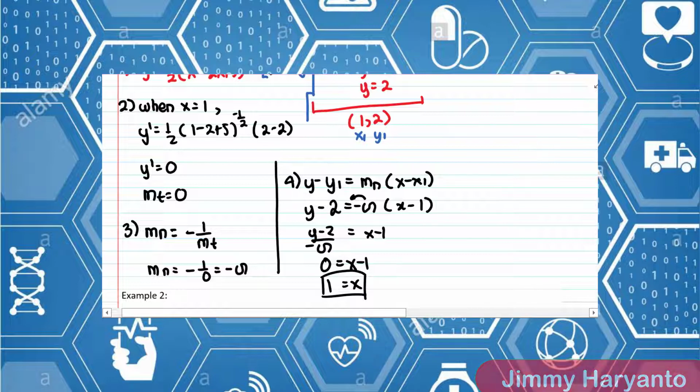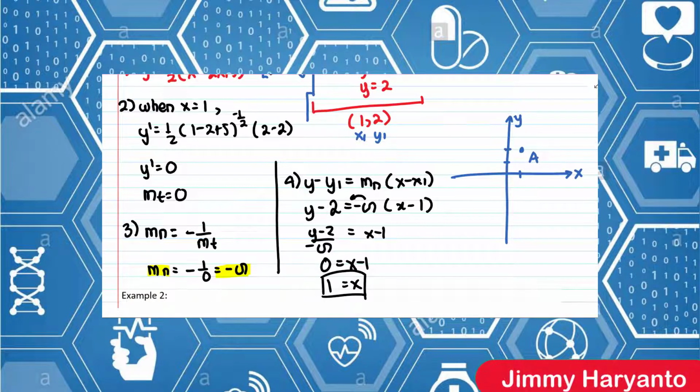Maybe you can think like this also. Let's draw it a little bit. So y and x, and then we have this point (1, 2) right here. This is our point A. The gradient of the normal is infinite, and infinite means it will be a vertical line.